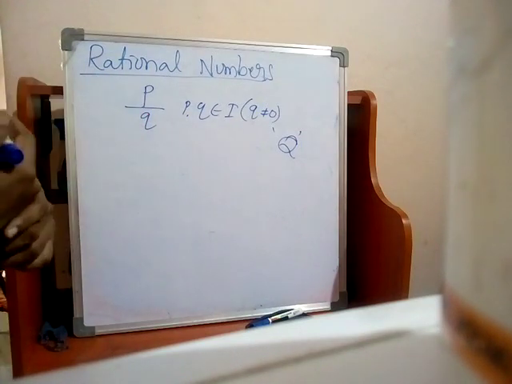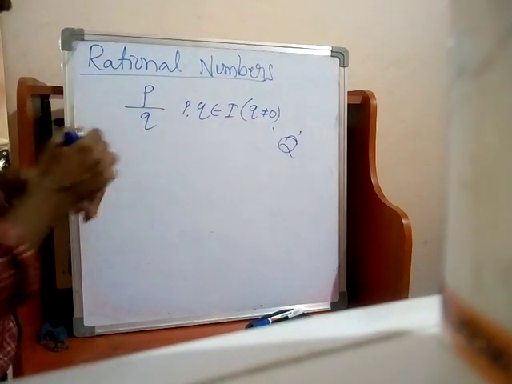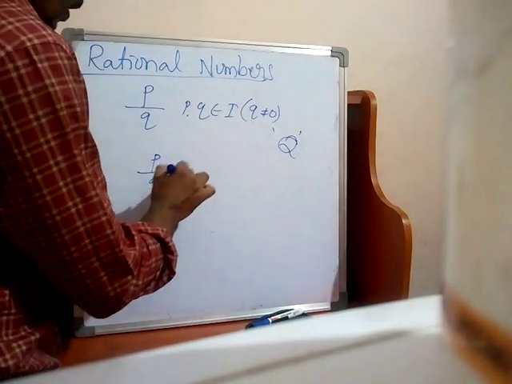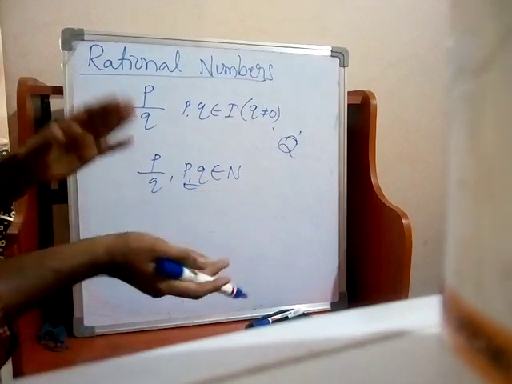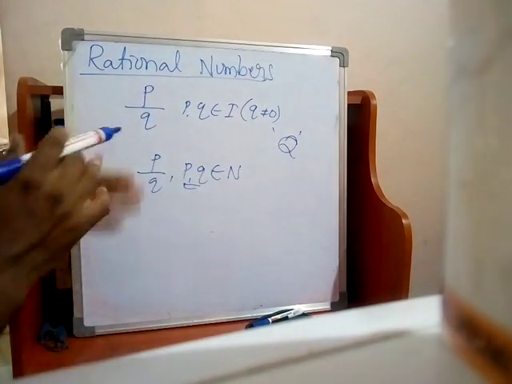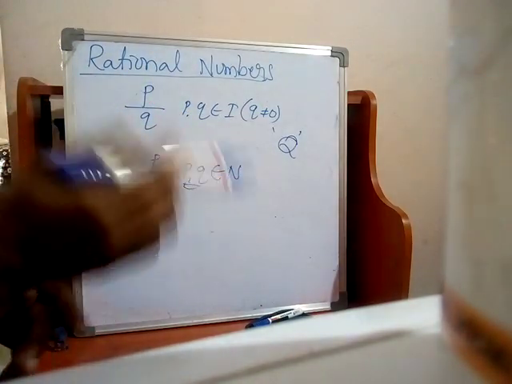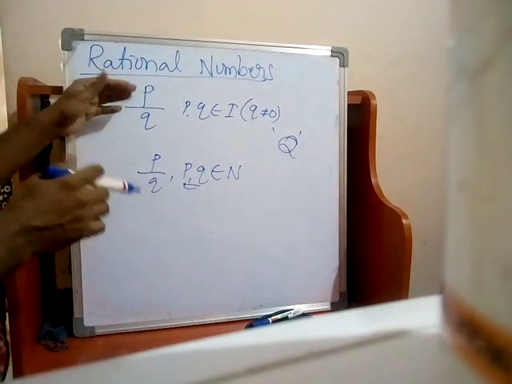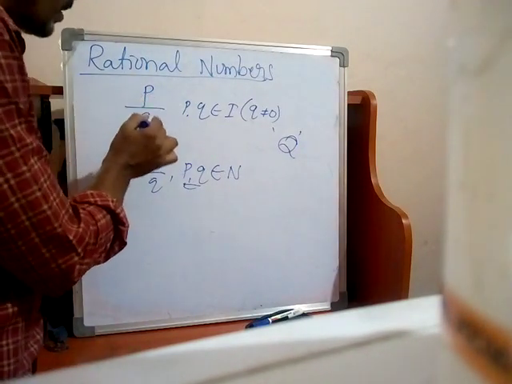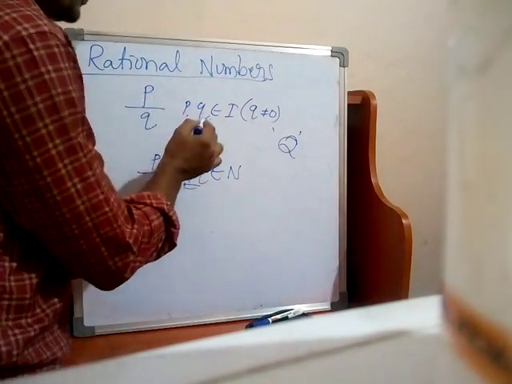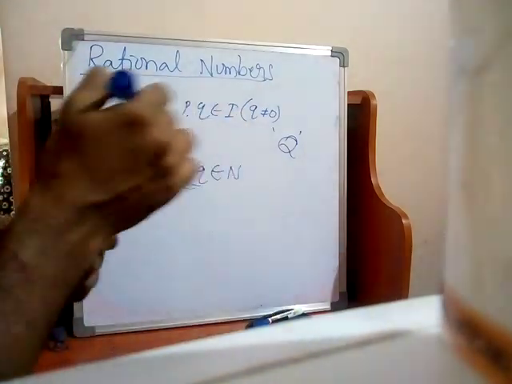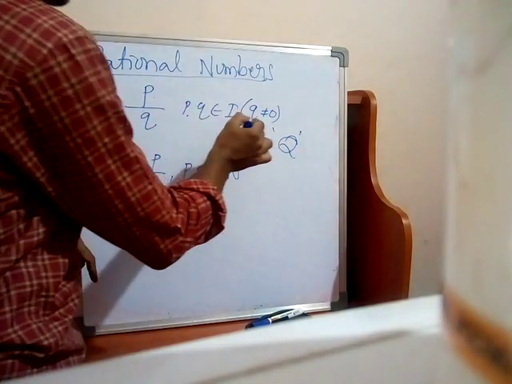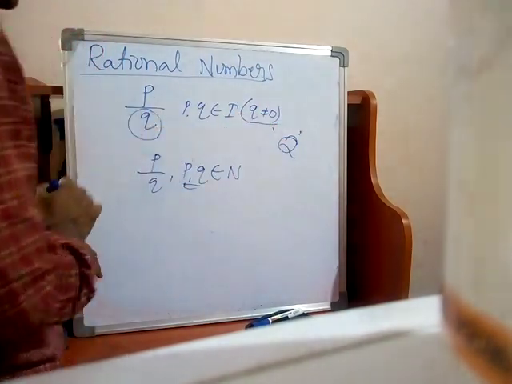What is the definition of a fraction? The numbers which are in the form of p by q, where p, q are natural numbers. Natural numbers means no negatives; all are positives only, and 0 is not included. But rational numbers are in the form of p by q, where p, q are integers. Integers means negatives are also included. And in place of q, don't take 0.